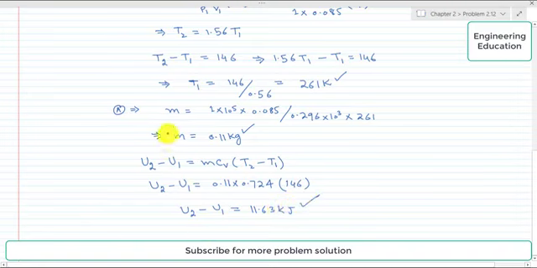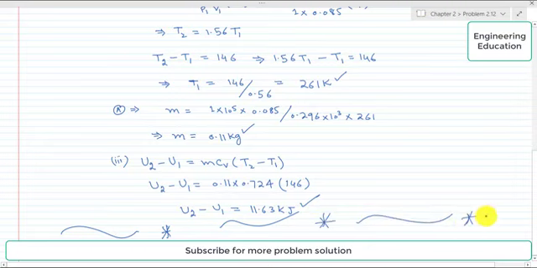So this is the solution of part 3, and this is the overall solution of problem 2.12.